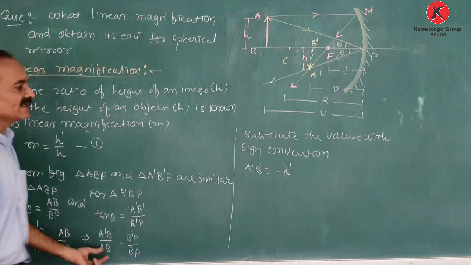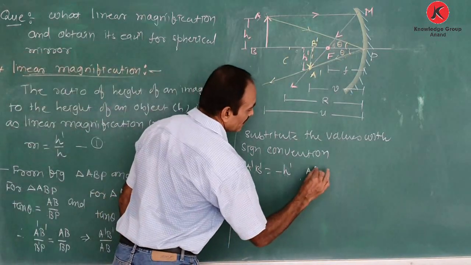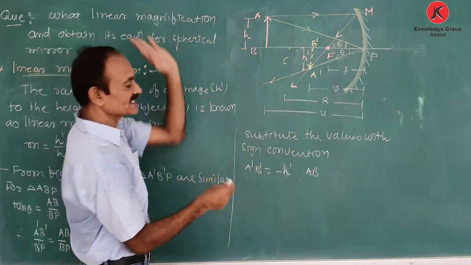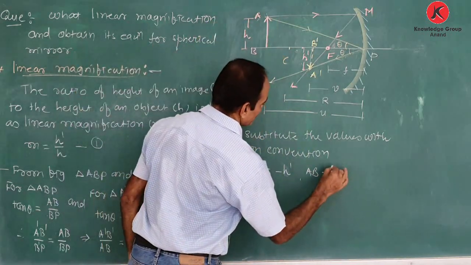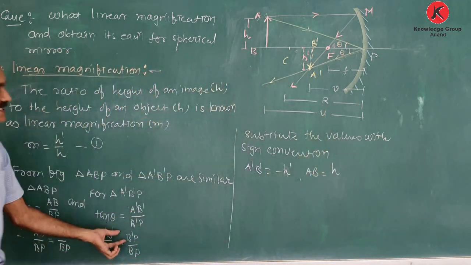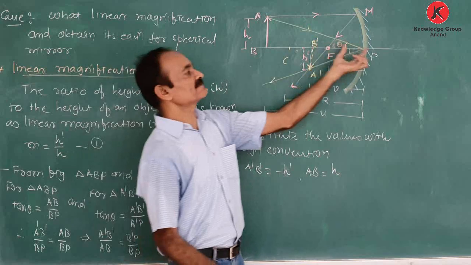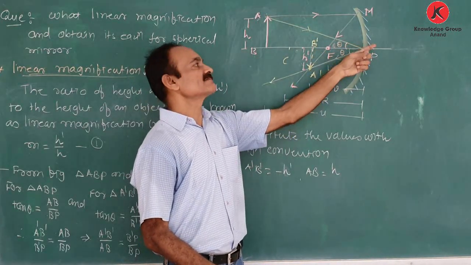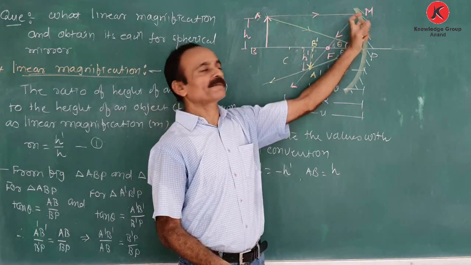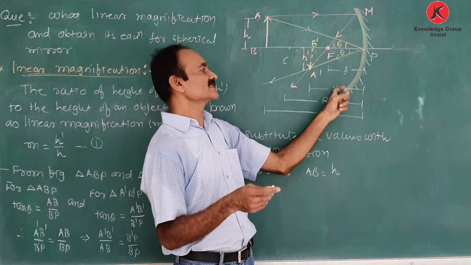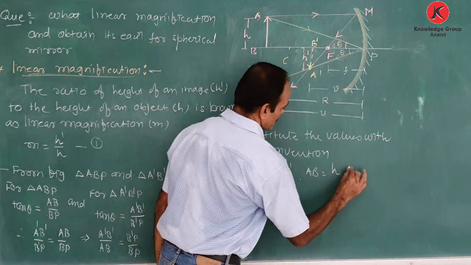Second is AB. AB is the height of the object, which is above the principal axis, so it is considered positive: plus H. And now, what is B'P? B'P is the distance of the image from the pole P, which is measured in the opposite direction of the incident ray. Therefore, B'P is considered negative.